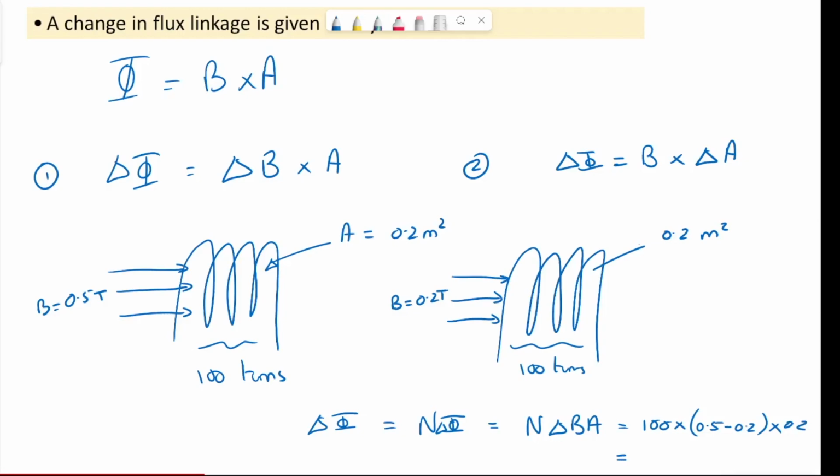Putting this into our calculator, the change in flux linkage can be calculated to be 6.0 Webers.